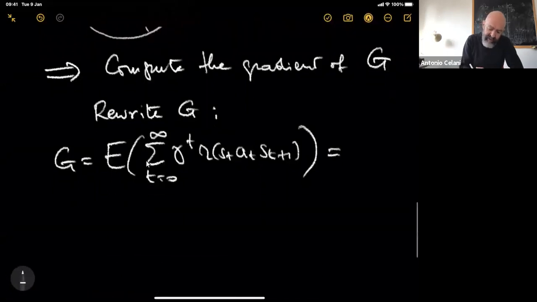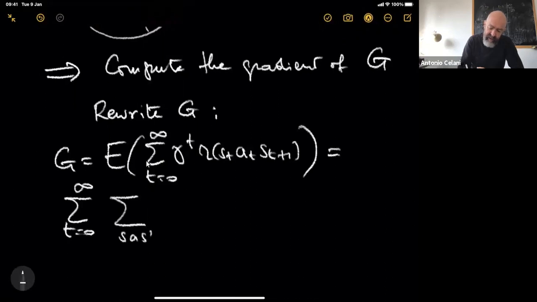We can rewrite this as the sum for t going from 0 to infinity, and then we take the expectation value of this object. We sum over all possible values taken by the variables S, A, S prime, with their own probability. If I'm in state S, I pick action A with probability pi, and I end up in a new state S prime with probability P.